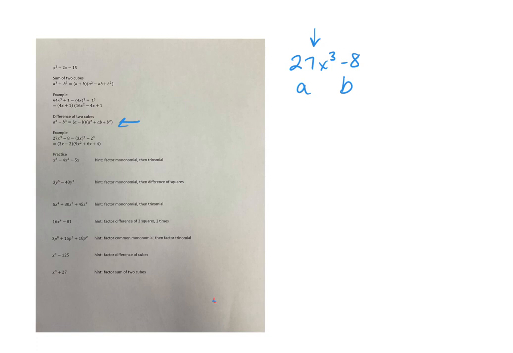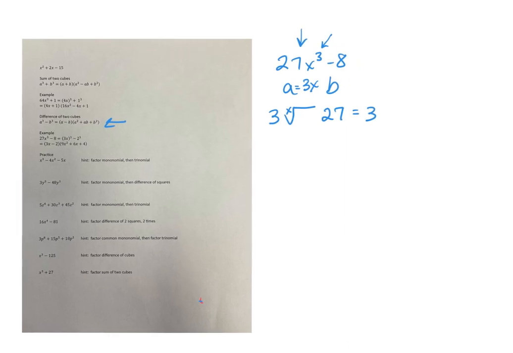To find that, we're going to pull out our calculator and type in 3 because we want the cube root, then the x radical button, and then the number 27, and that should generate an answer of 3. Now we have to know what the cube root of x cubed is, and that's x. So a is equal to 3x.